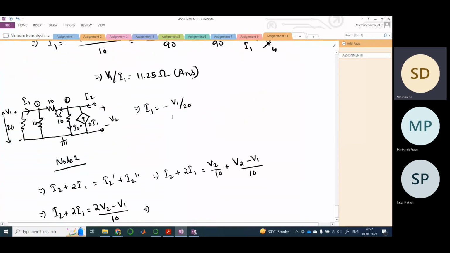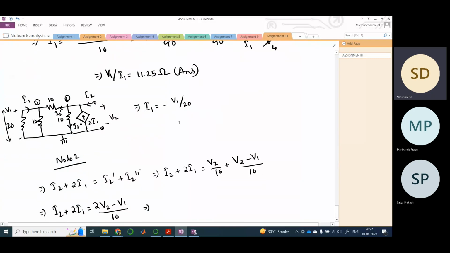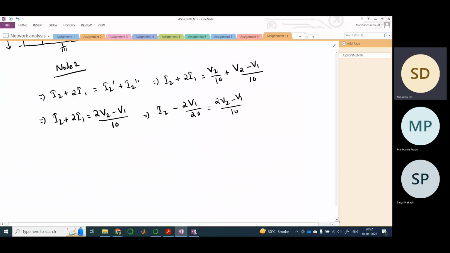So I1 is V1 by 20, so if we write it, I2 plus 2I1, sorry, I1 should be V1, so V1 by 20, and this is 2V2 minus V1 by 10, right?